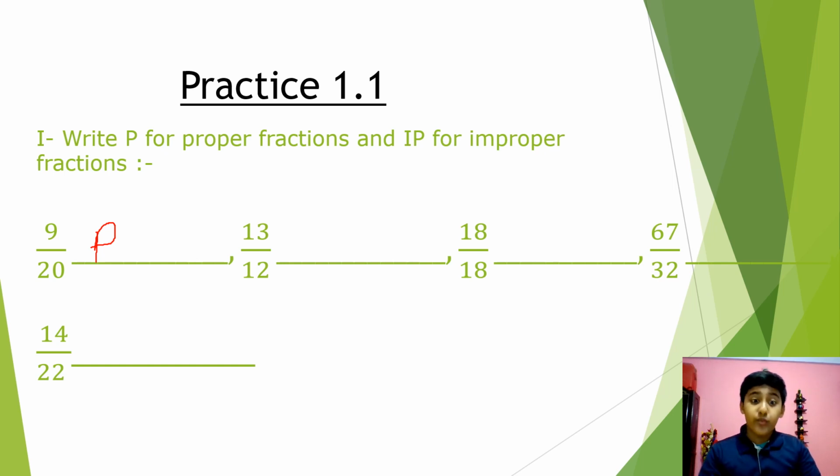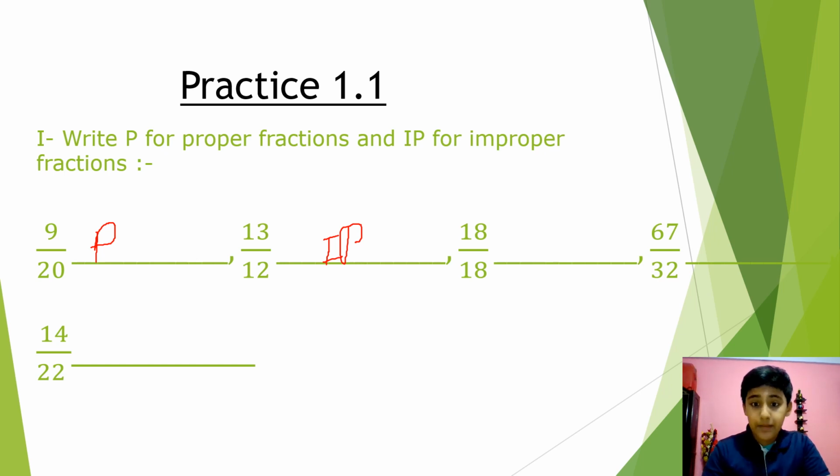The numerator is greater than the denominator, so it is called an improper fraction. 18 by 18. We can see here that 18 and 18 are both equal. So as we learned in the previous slide, if the numbers are equal, then we call it an improper fraction.